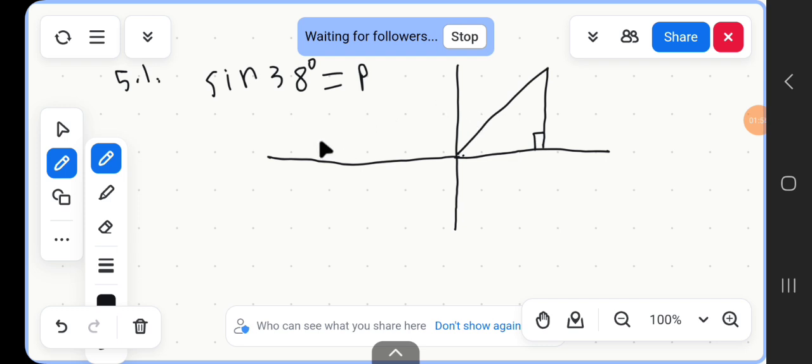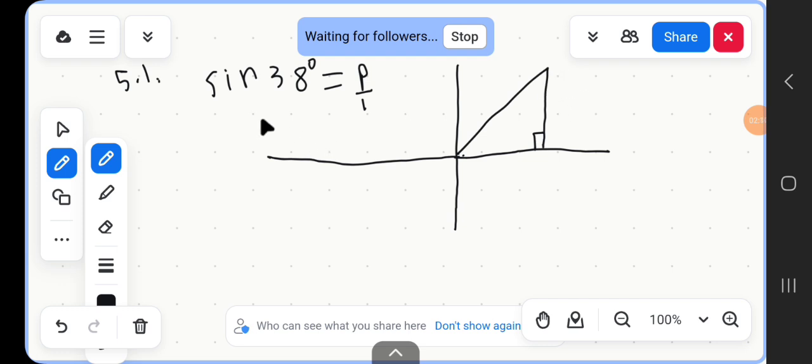So it says sine 38 degrees is equal to p. We know that p is the same as p over 1, because anything divided by 1 is that specific number or variable.